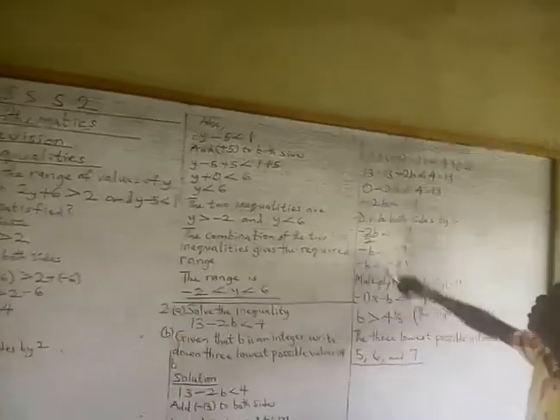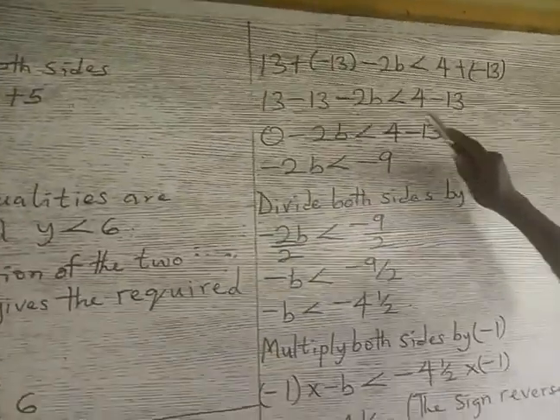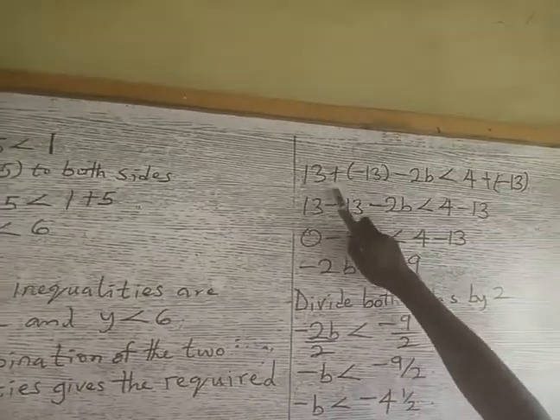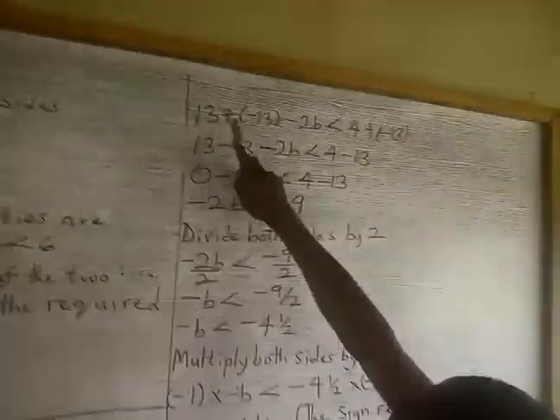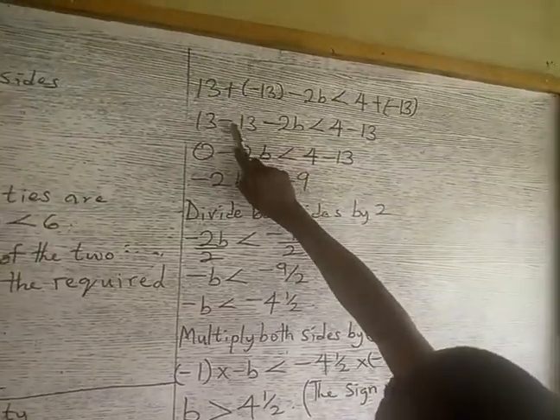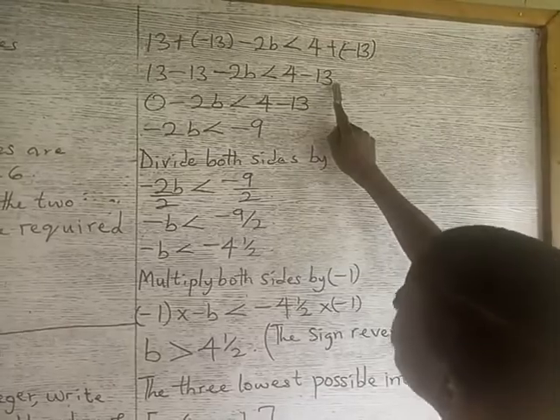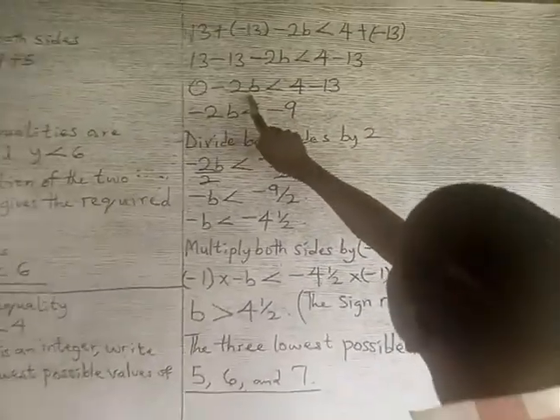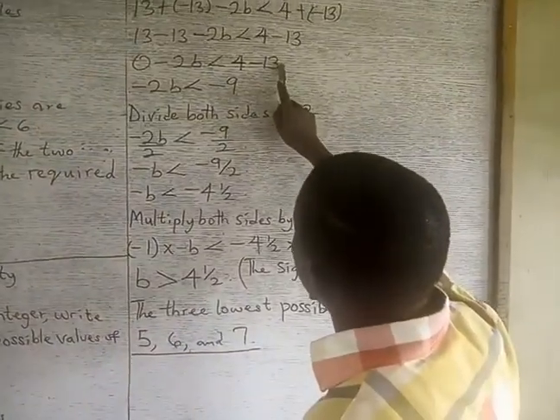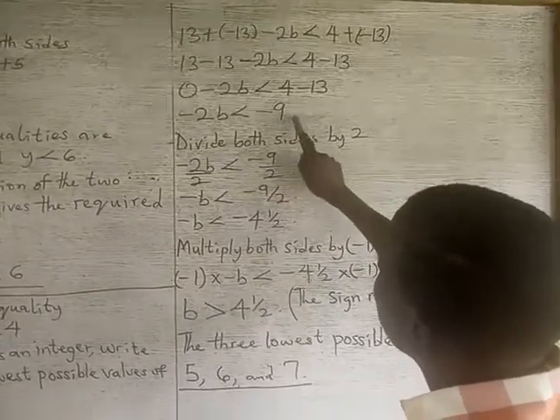Now it continues such that you combine the like terms. When you collect the like terms, 13 plus minus 13 boils down to 13 minus 13, because plus times minus gives minus. You have minus 2b on this side and 4 minus 13 on this side. 13 minus 13 gives 0, then we have minus 2b, and 4 minus 13 gives minus 9. So we have minus 2b less than minus 9.